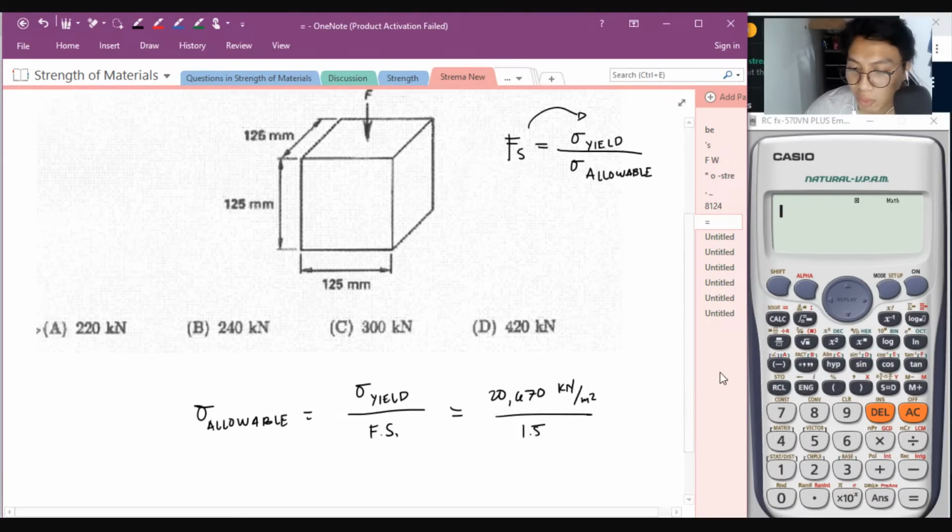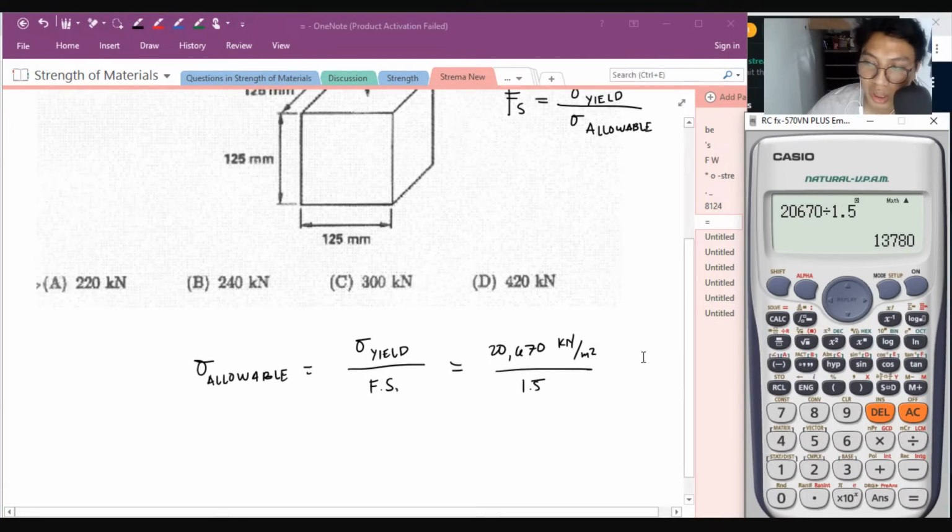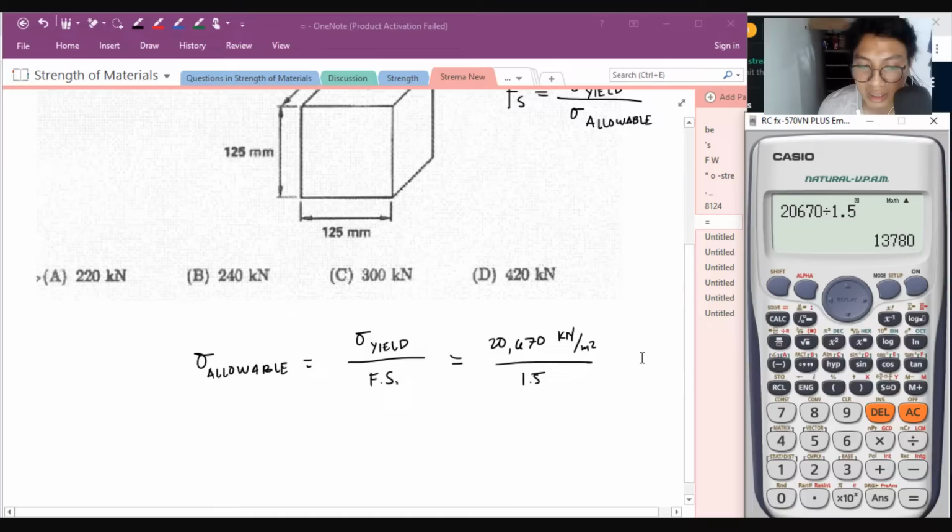So, the allowable load is 20,670 divided by 1.5. So, 13,780. Allowable strength is 13,780 kilonewton per meter squared. Ngayon, hahanapin natin yung force.